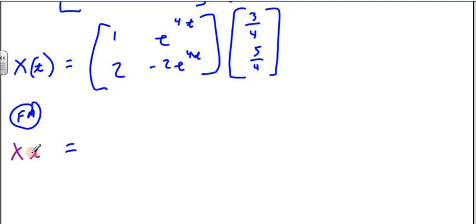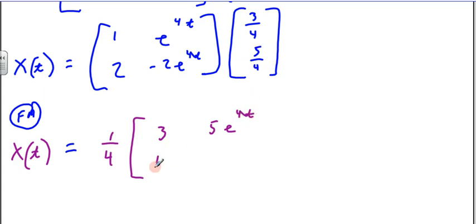X of t is equal to, we're going to bring the 1/4 out, 1/4, because that's going to be everywhere. And I'm going to have 3, and I'm going to have 5 e to the 4t. And then I'm going to have 10.